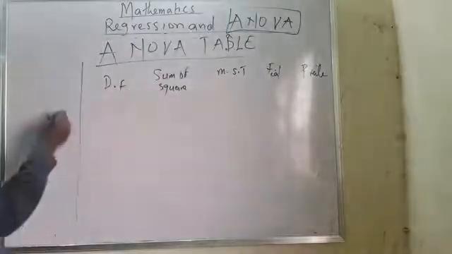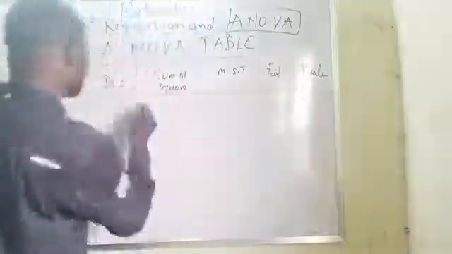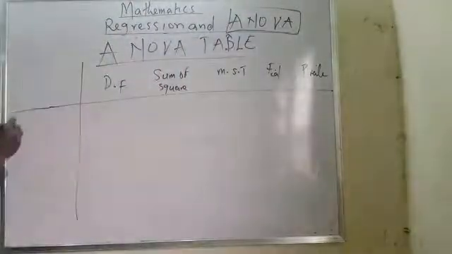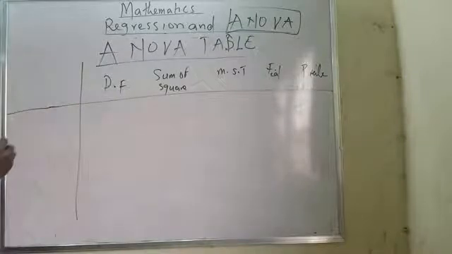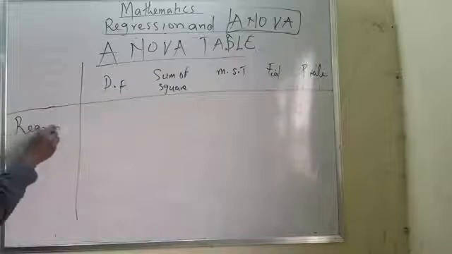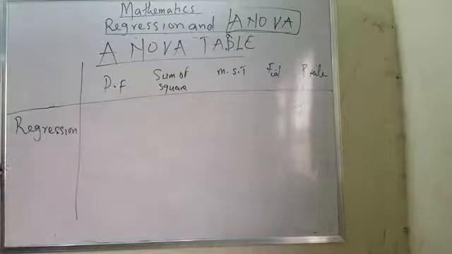Now, that is what I'm trying to work on. That is all I mean by the ANOVA table. Here we can call it treatment variable, or some people call it regression. Here we call it error, or some people call it residue. Let me use error.